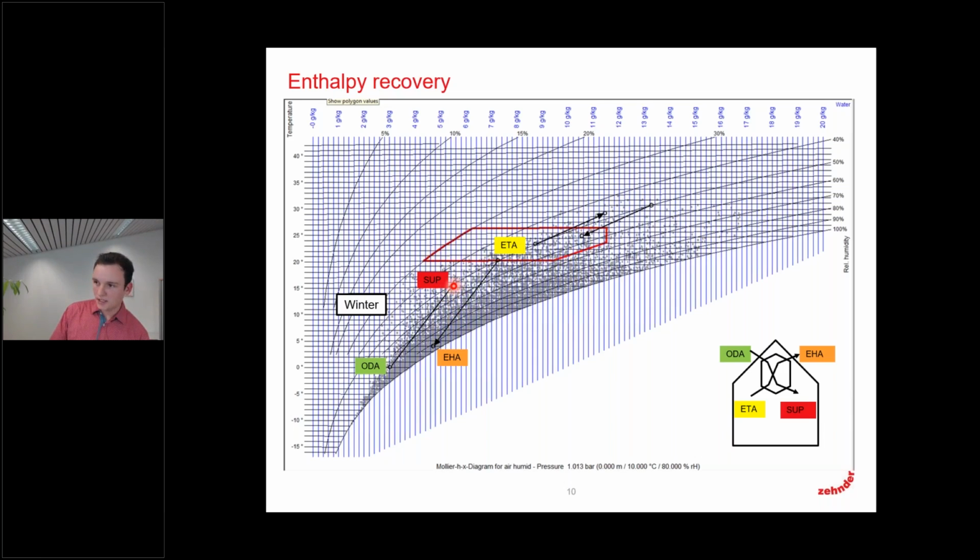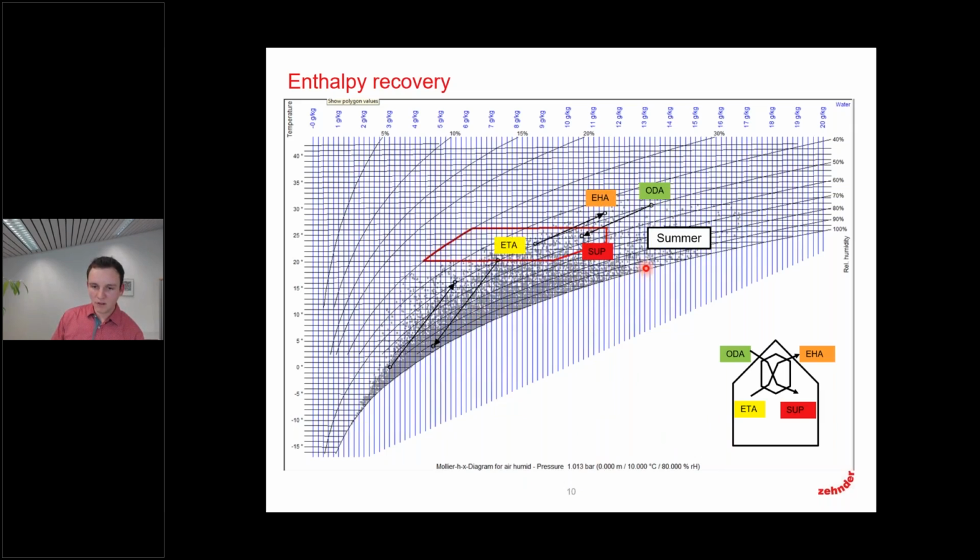And if we now heat up the air with our central heating system to 20 degrees, we would hit the comfort conditions. So we are in this comfort shape. And what we can also see here, on the other side, is that we do not have condensation formation. This is why our enthalpy exchangers, or our enthalpy versions, do not need a condensate drain.